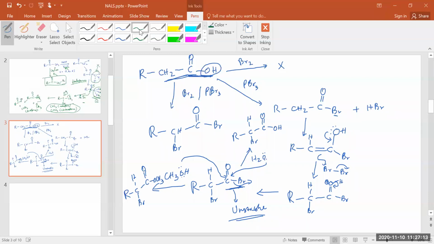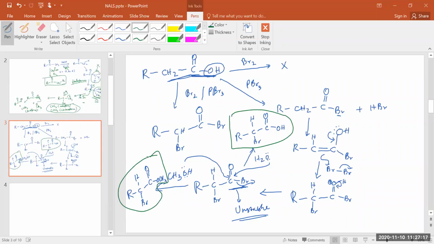So see these products from the intermediate. This is the intermediate of this reaction, and starting from here to here is called the HVZ reaction, Hell-Volhard-Zelinsky reaction.